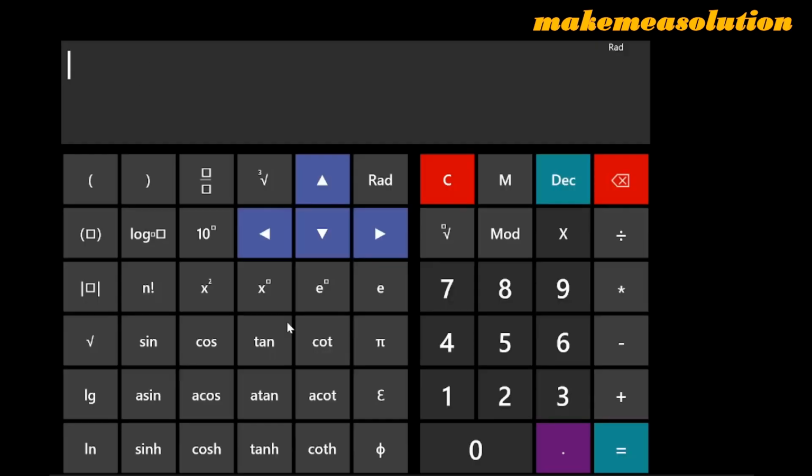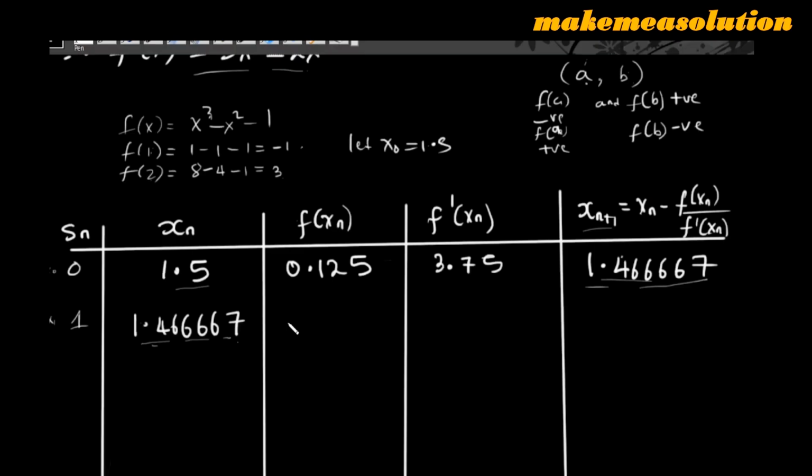So f of this particular value, as usual, you have something cube minus something squared minus 1. So remember, our f of x is something cube minus something square minus 1, and my f prime of x is 3 something square minus 2 something. So these are the references that I'll be using to compute the values.